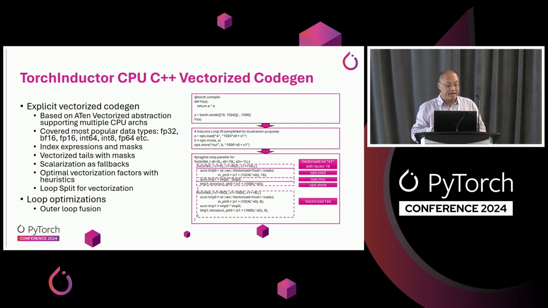We've extended the CPP vectorized codegen to support all the commonly used data types, and also all the Inductor IR constructs, including index expressions and masks. We also added other optimizations and optimized the loop schedules. I will share more details in later slides.